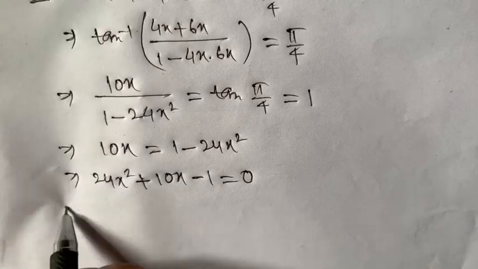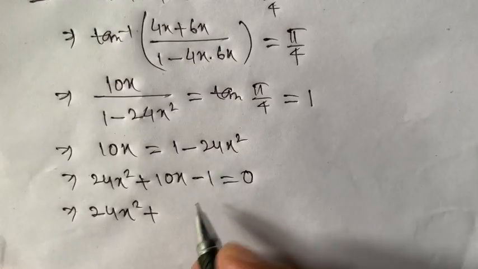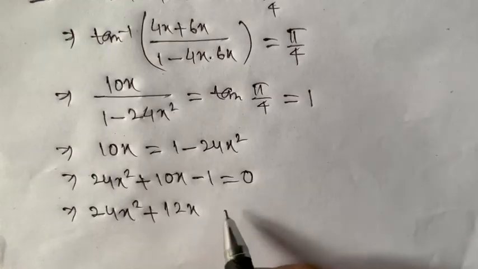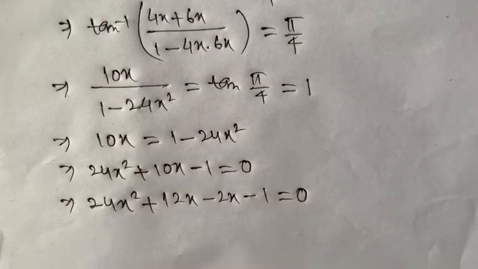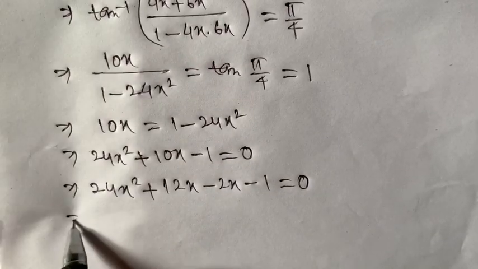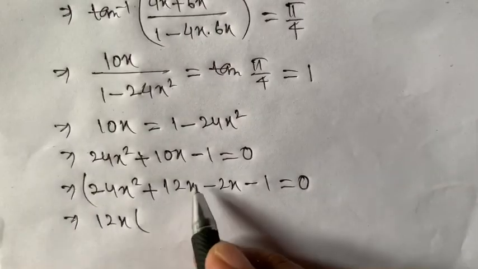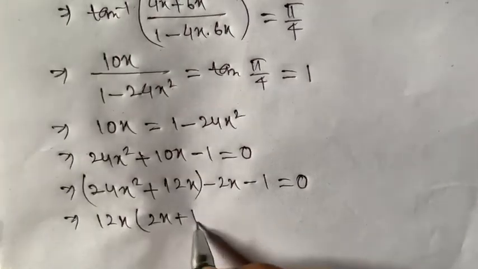Now we will have 24x square plus what? 12 into 2, 12x minus 2x minus 1 is equal to 0. We are splitting the middle term. 12x will be common from the first two terms. It will be 2x plus 1.